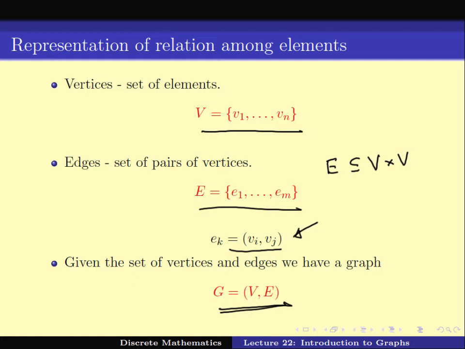These relations can be either symmetric or not. In other words, (Vi, Vj) can be different from (Vj, Vi). So depending on what restrictions or what properties we put on this relation, we would get different kinds of graphs.